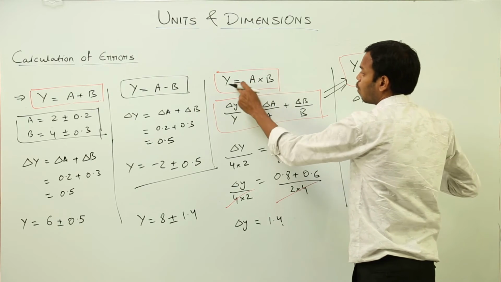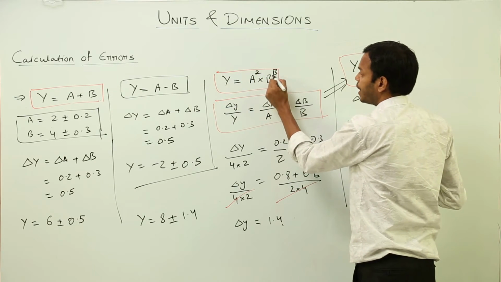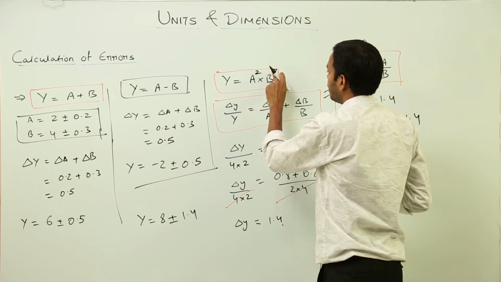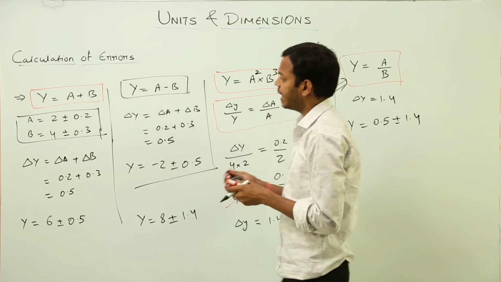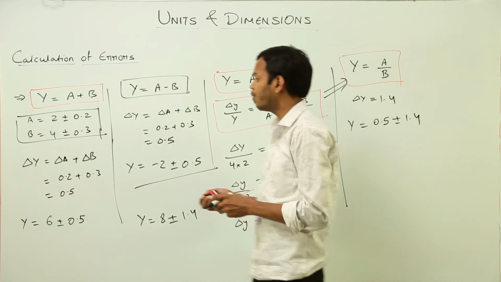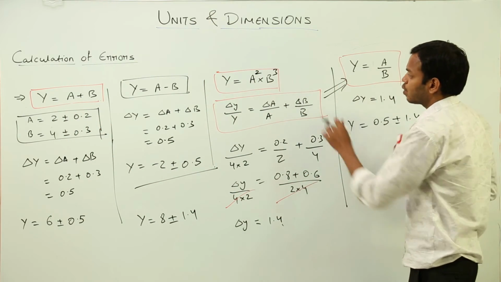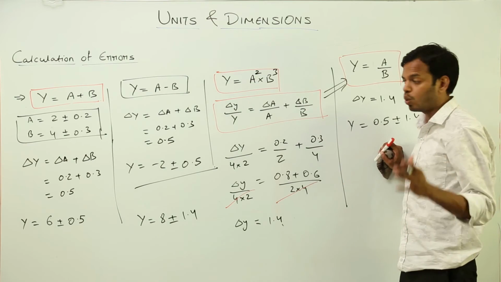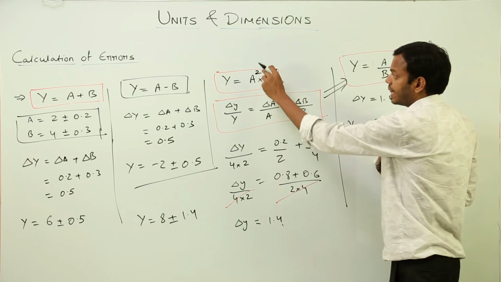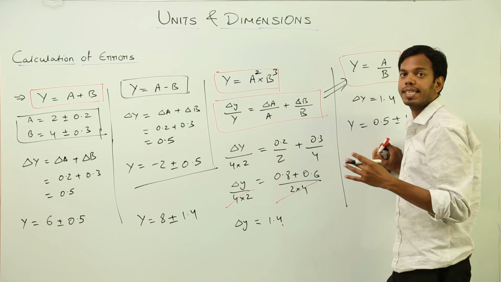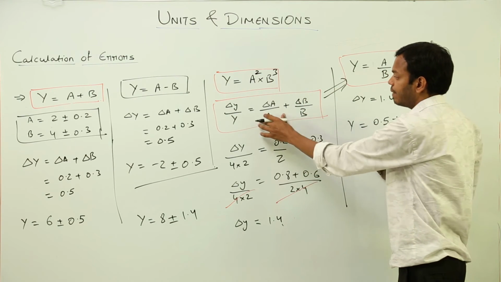For example, y is equal to a square times b cube, and we are still maintaining the same values of a and b, 2 plus minus 0.2 and 4 plus minus 0.3. So in this case, the change in the main calculation equation is that the powers come as a multiplication factor in the individual quantities.